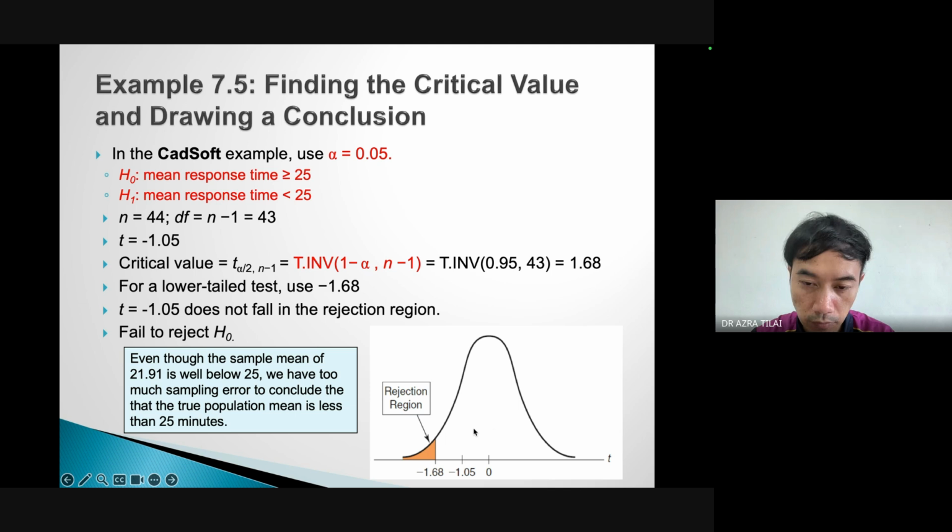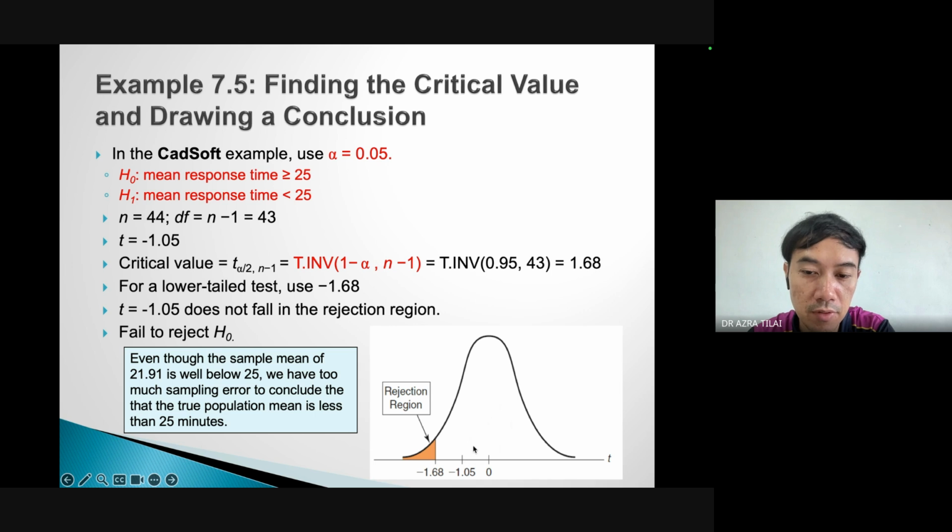So within this unshaded region is 0.95. 0.95 is the level of confidence that you are confident that it is the alternative hypothesis. 95% is within this unshaded region.